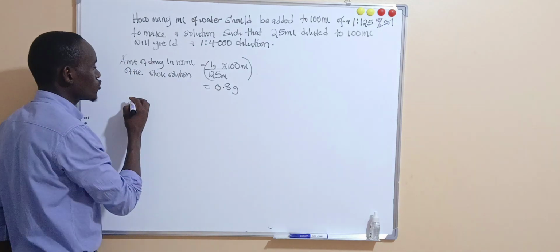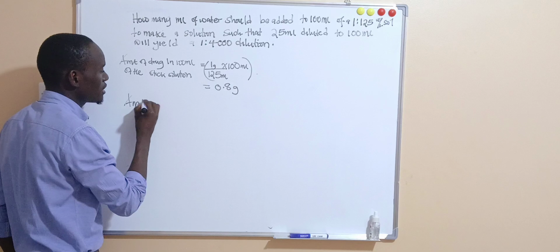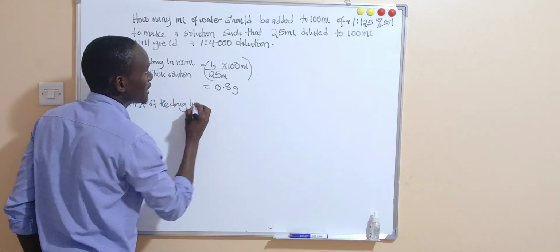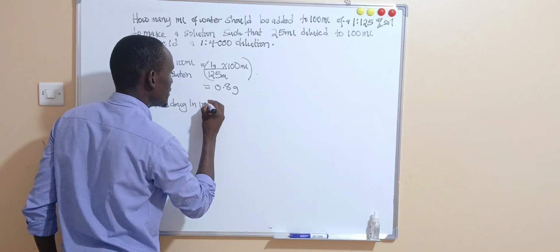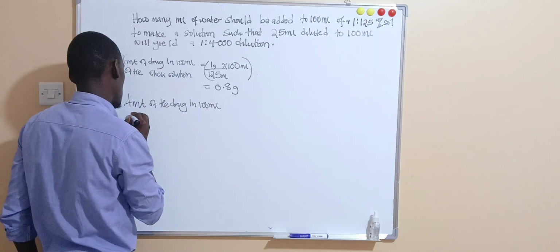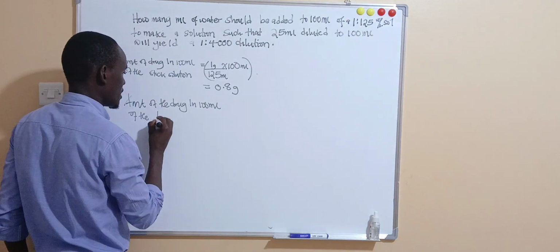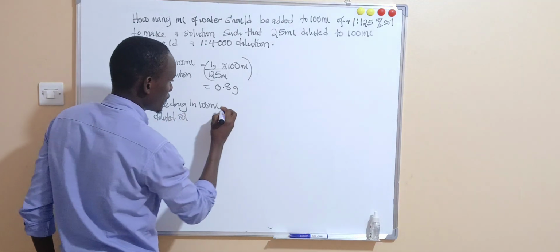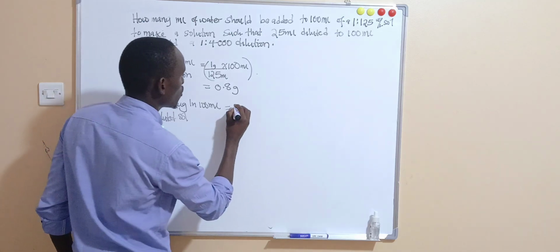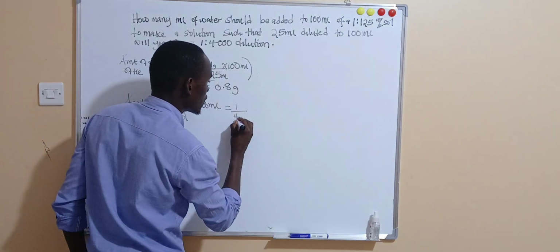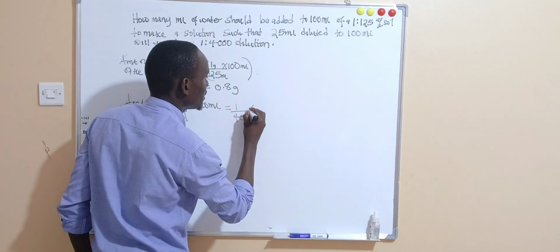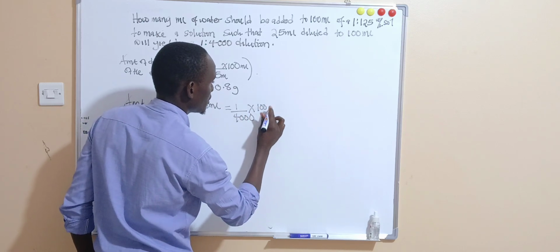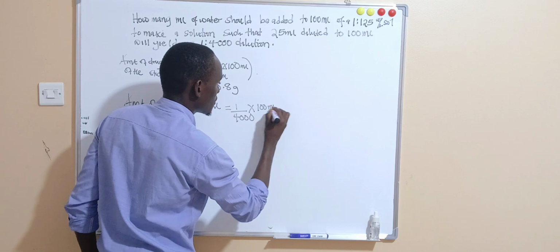So let us also obtain amount of the drug in 100 mils of the diluted solution, which will be equal to 1 out of 4,000 times 100 mils.